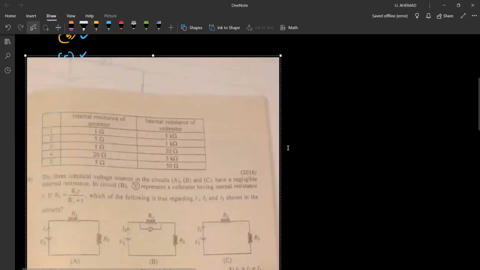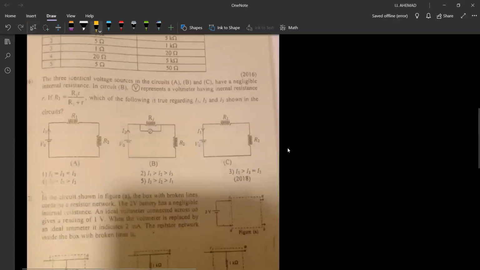In circuit B, we represent a voltmeter having internal resistance R. So it has internal resistance.